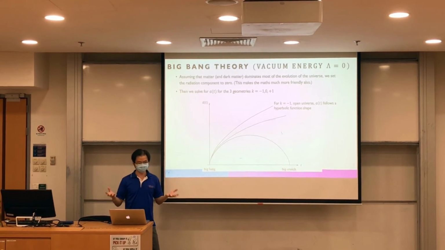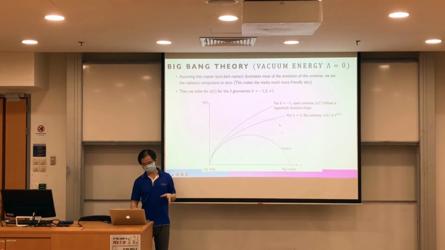There's nothing much happening. And then for the flat geometry, it will just expand. So a is proportional to this thing. It will just keep on expanding non-stop, but it doesn't expand as fast as the other case.